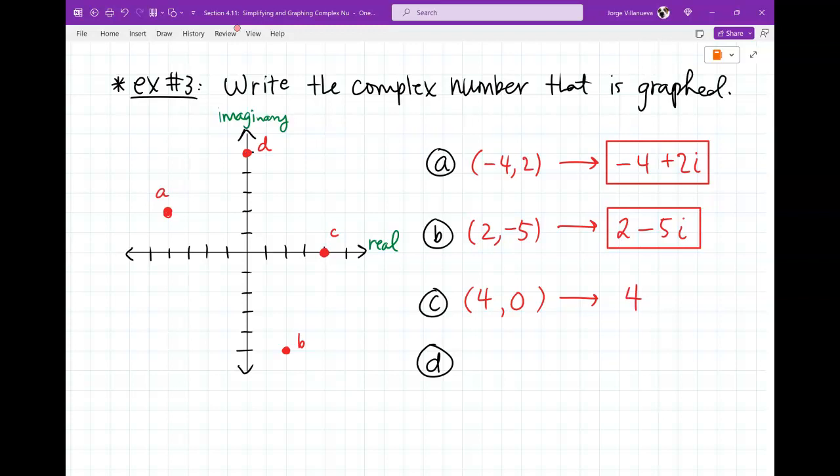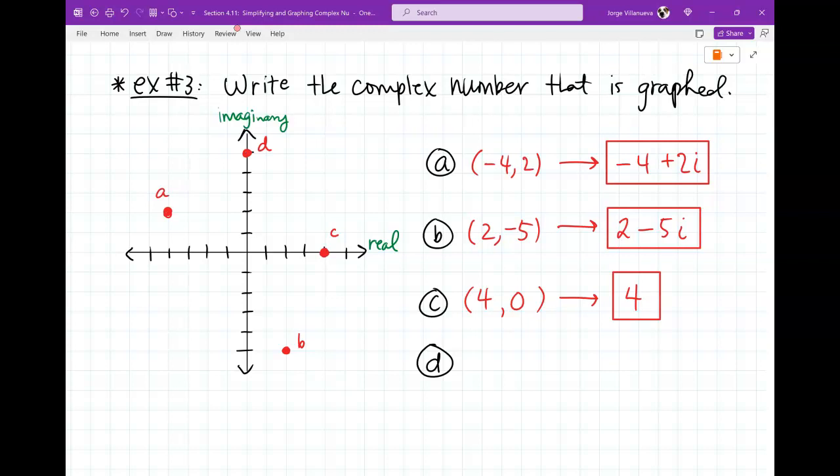You could put 4 plus 0i, but 0 times i is 0. There's nothing there, right? So it's just 4. That's it. Again, there's nothing wrong with writing 4 plus 0i. It just may not be an option on a quiz if you see it, because they're going to say, well, 0 times the square root of -1 is 0, so it doesn't have to be there.